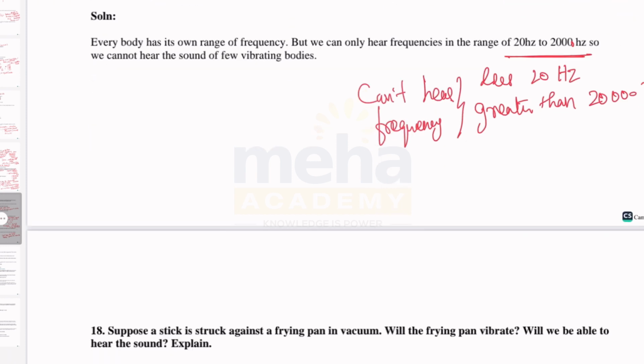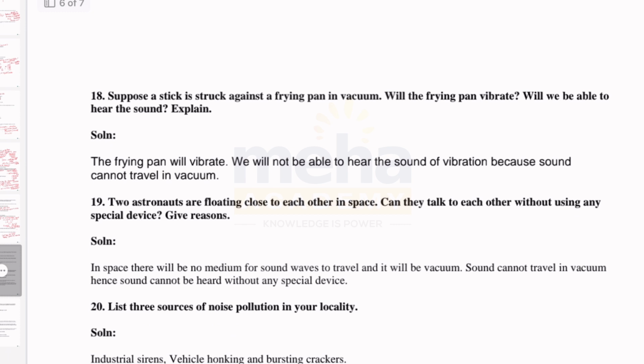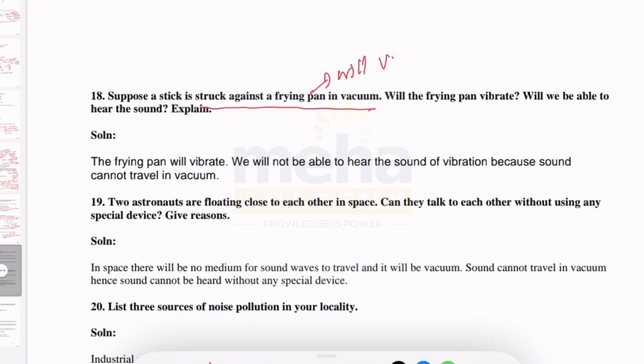Next question. Suppose a stick is struck against a frying pan in vacuum. Will the frying pan vibrate? Will we be able to hear the sound? Explain. The frying pan will vibrate, because we are hitting the frying pan with the stick.